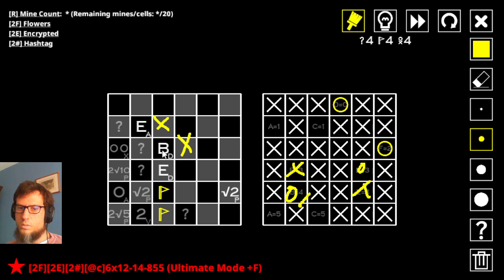This B, okay. If this is a mine, it would kill everything up here, because this E area would need everything around, like it couldn't grow anymore. And so it can't be that, which means you need this and also that.